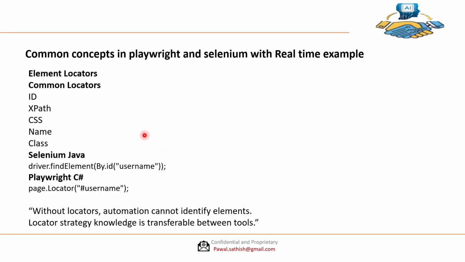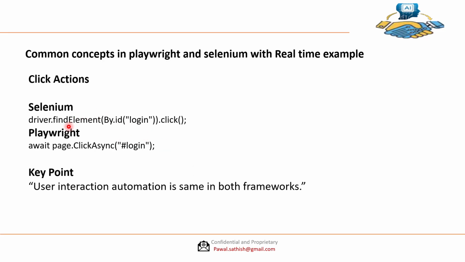The next is the click action. If we need to perform a click on a button, the syntax is driver.findElement(By.id) and we call the click method. In the same way in Playwright, we call page.ClickAsync and give the locator name.